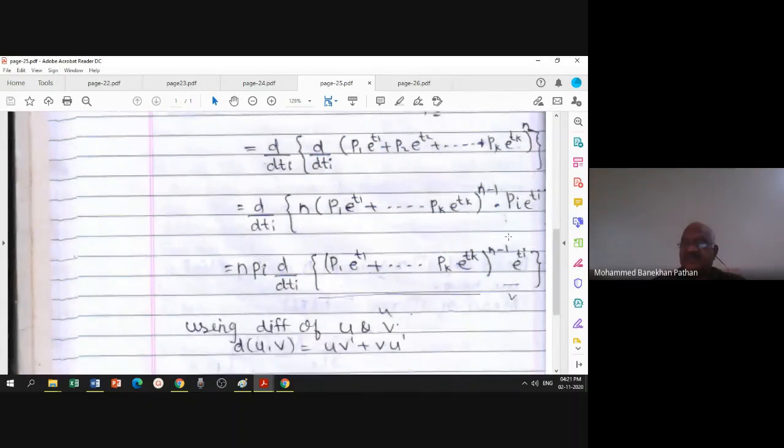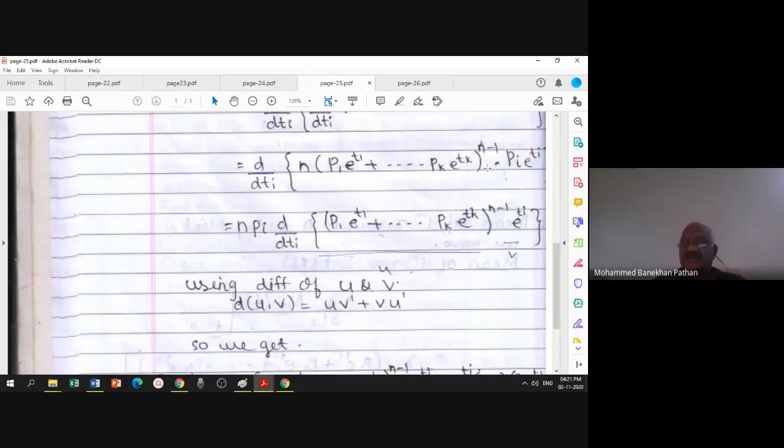Now at this stage you can see there are two functions in terms of ti. This is the bracket having ti, and there is a ti outside also. So I have to use the product rule of differentiation.